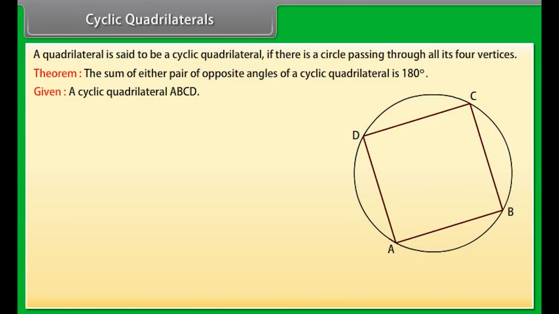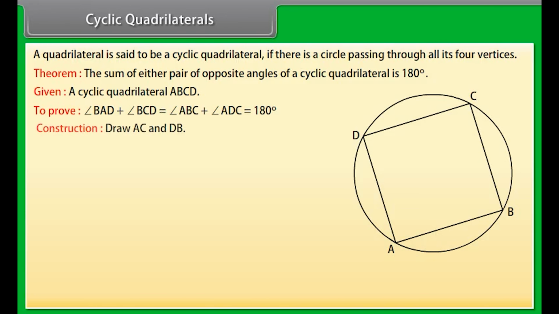Given a cyclic quadrilateral ABCD. To prove: angle BAD plus angle BCD is equal to angle ABC plus angle ADC, which equals 180 degrees. Construction: Draw AC and DB.